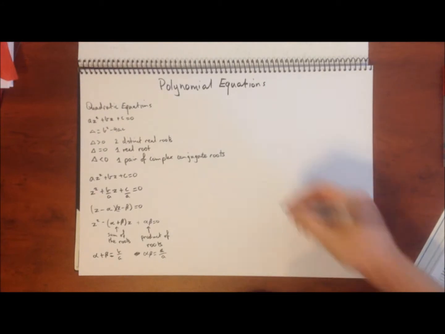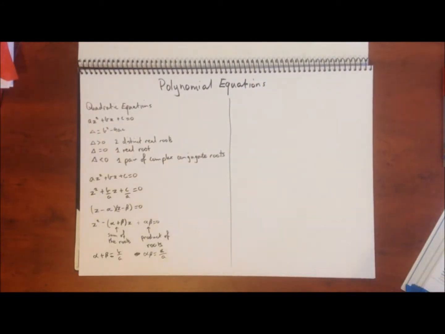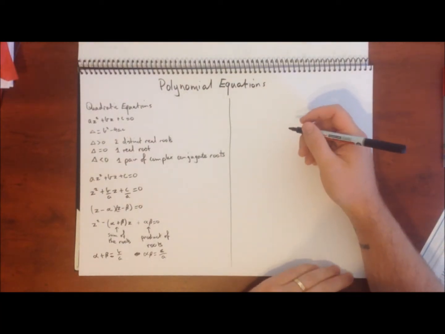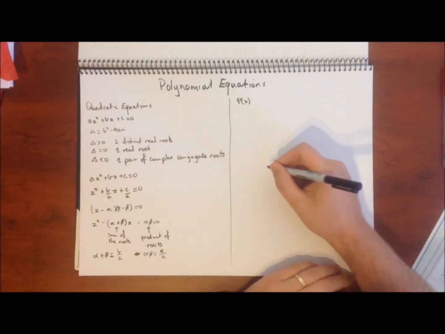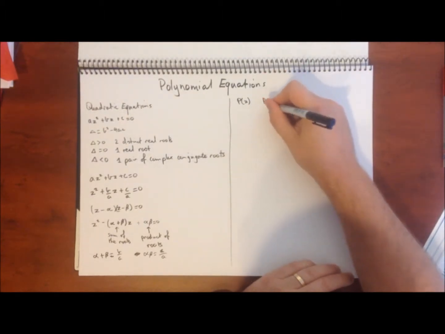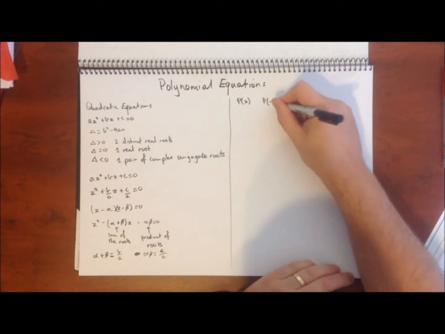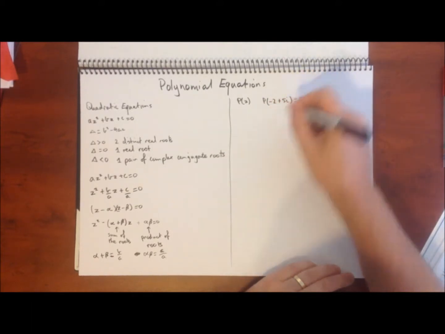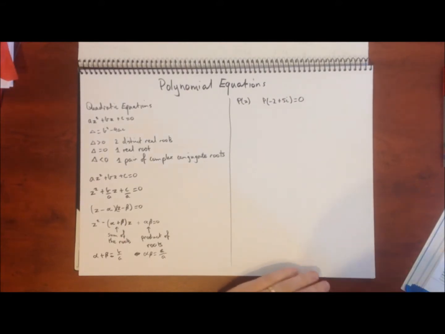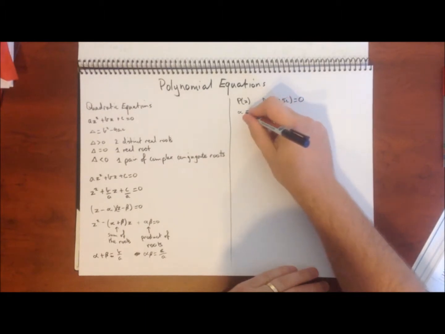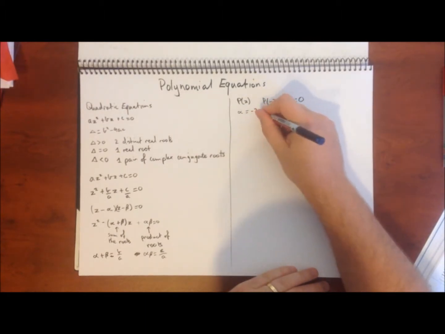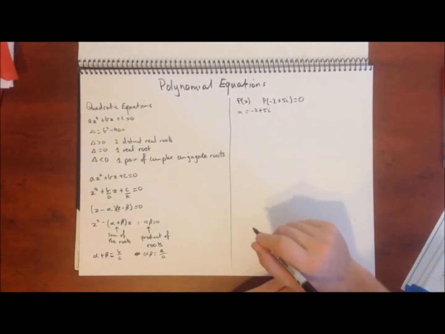So we're going to be looking at our first worked example. We want to find the equation of the quadratic p of z, given that p of minus 2 plus 5i equals 0. So alpha is equal to minus 2 plus 5i.